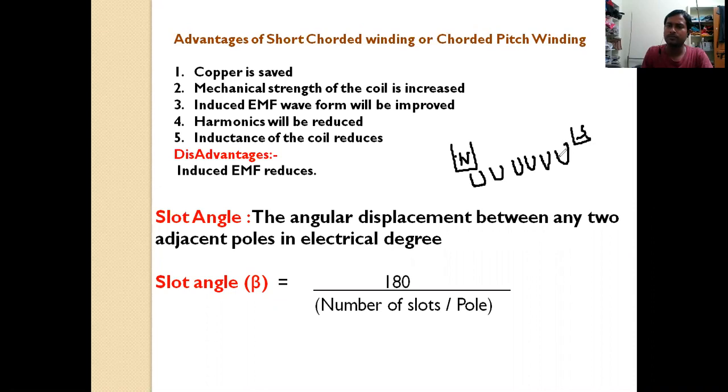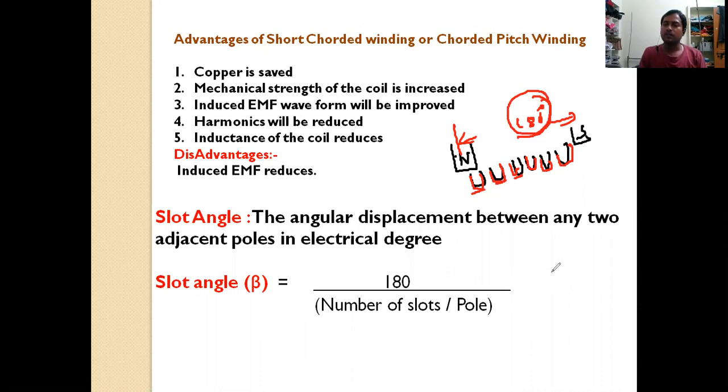Listen carefully, this is very important. This is a total of 180 degrees. This coil is available here, and slots are available here. These 180 degrees are distributed to all the slots.